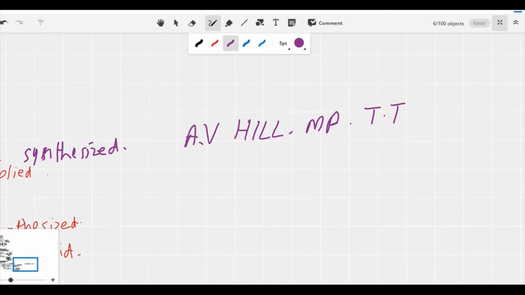Okay, so here the code is made by taking the first letter of each amino acid, so you may have to memorize it to recall the essential amino acids. Here I write A, V, H, I, L, L, M, P, and then T, T. So A means, as you know, arginine.